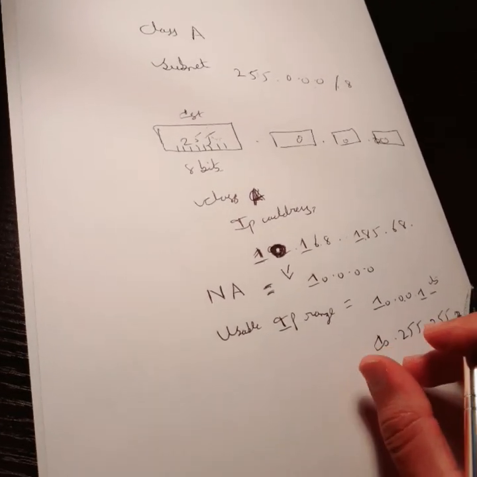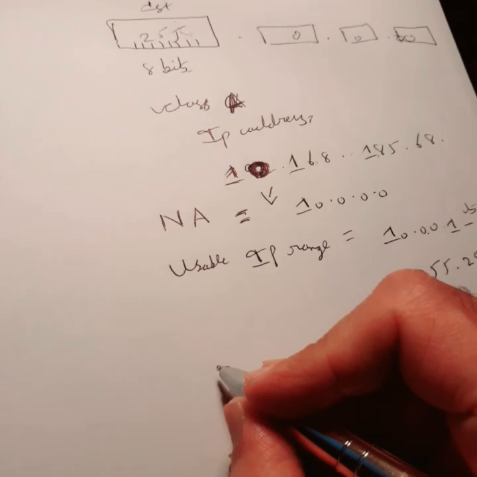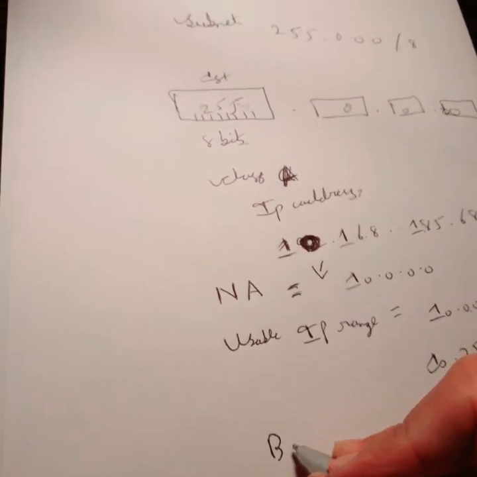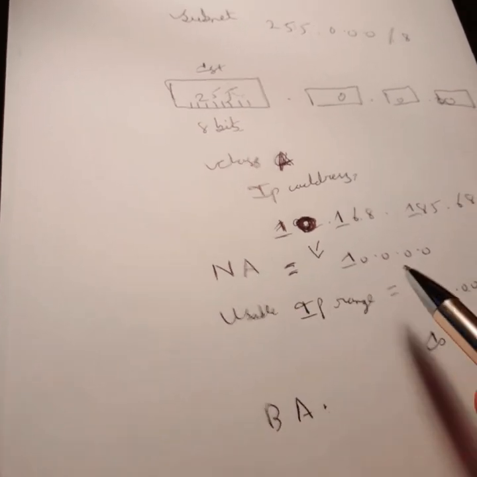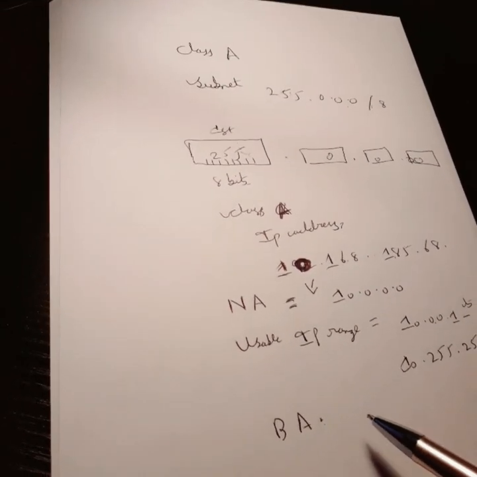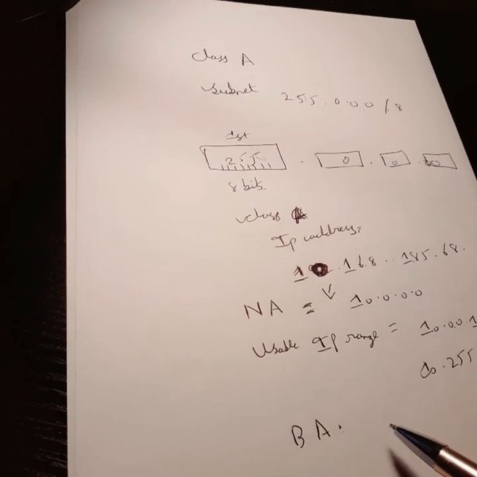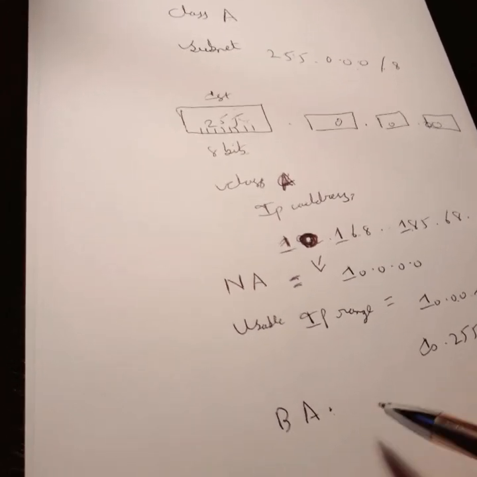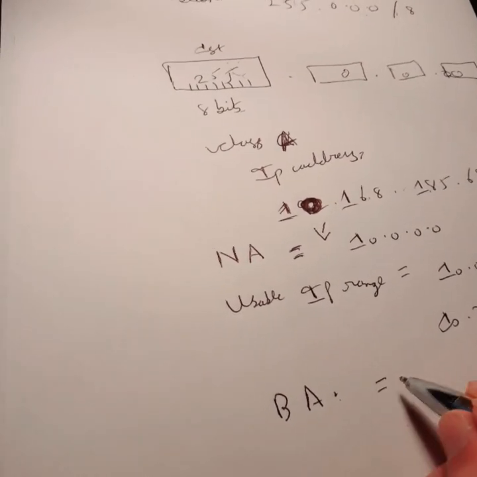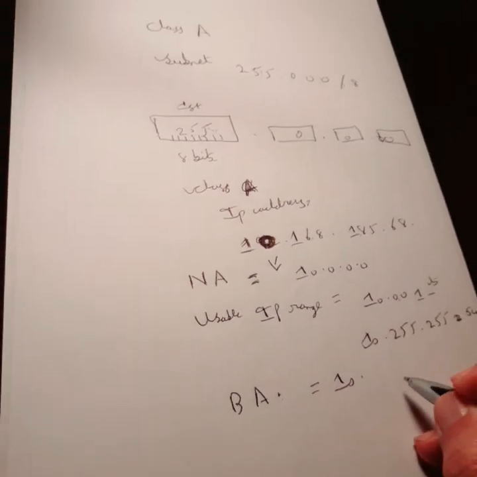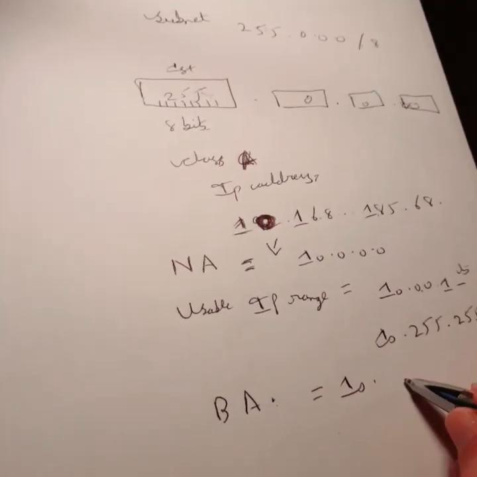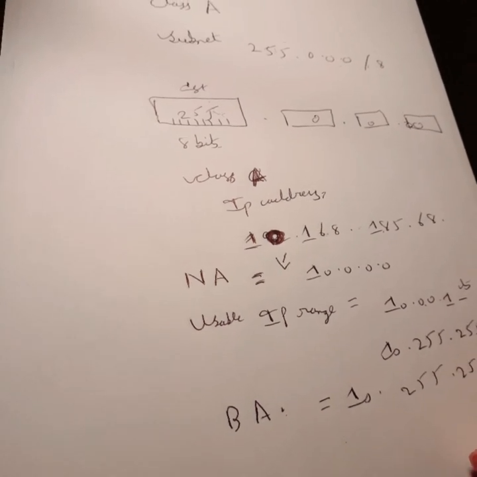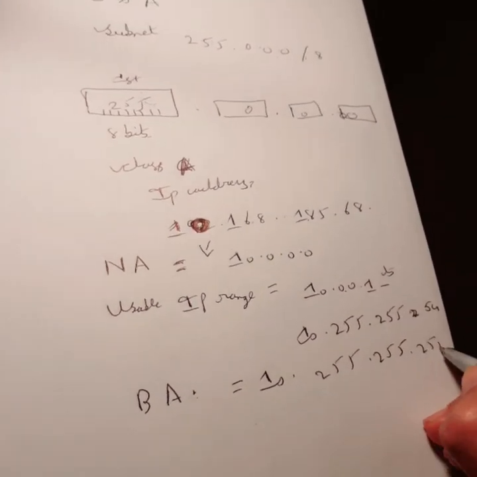And then the other thing that a network engineer needs to know is the broadcast address, very important. So we have the network address and then we have a broadcast address. Every network has a broadcast address as well. So remember, the broadcast address will be 10.255.255.255.